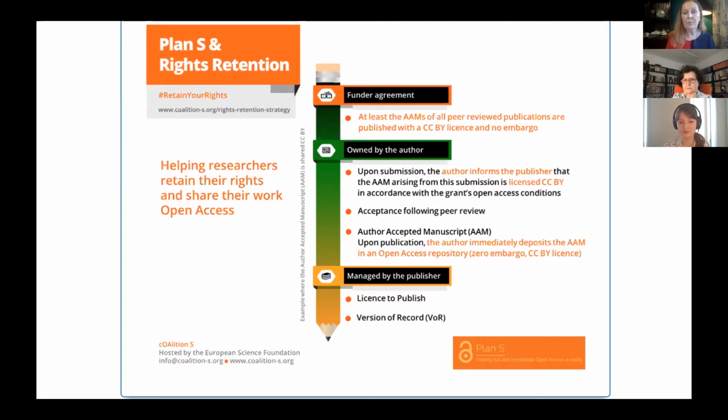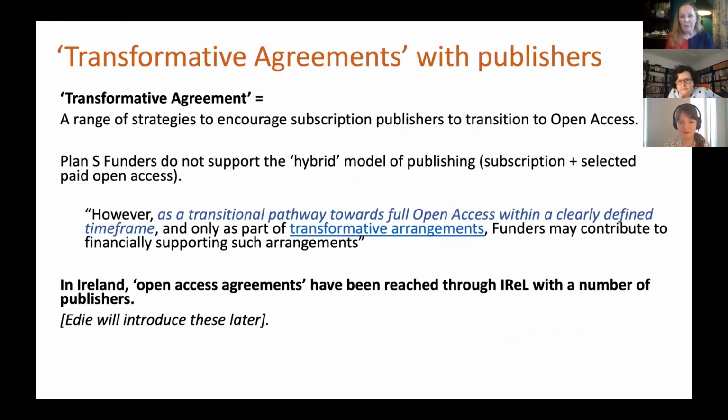So I mentioned transformative agreements, and Edie's going to give you some more information on that. This language is new to us. The transformative agreement, according to Coalition S, is a range of strategies to encourage subscription publishers to transition to open access, to flip, in other words, using a term that's used a lot.